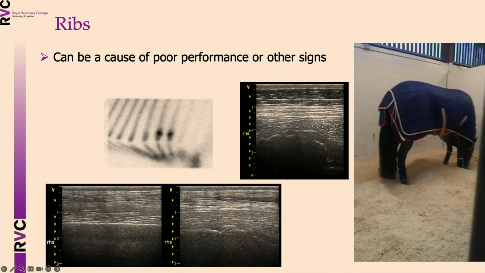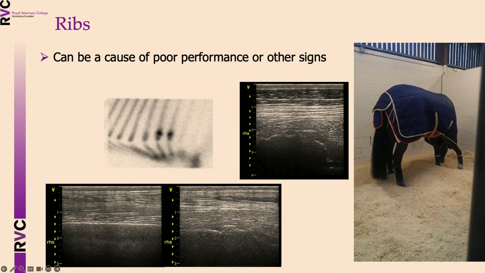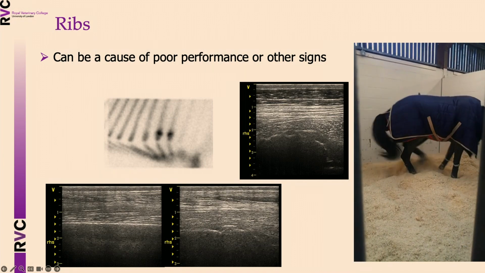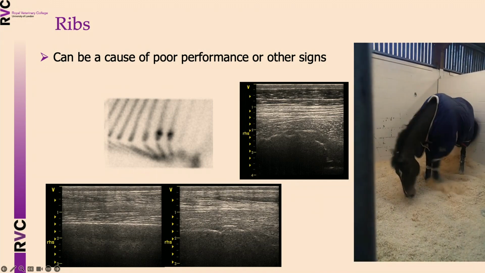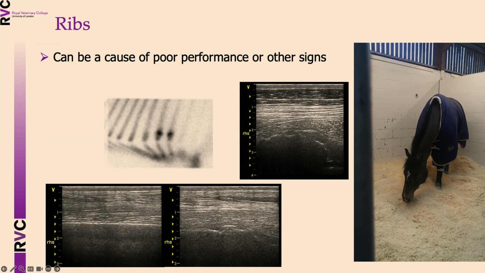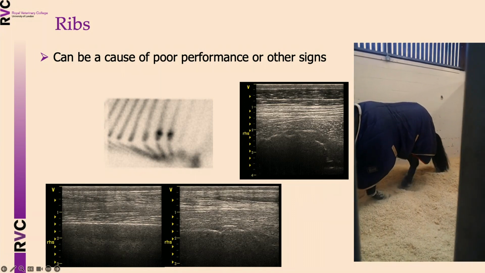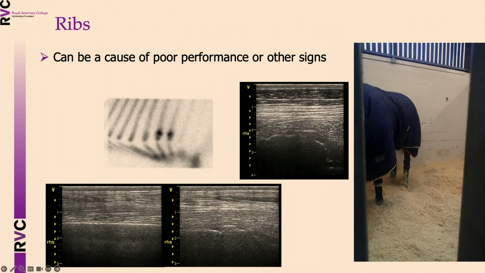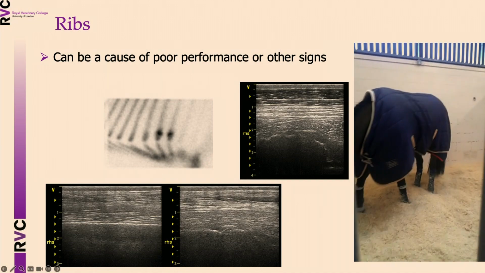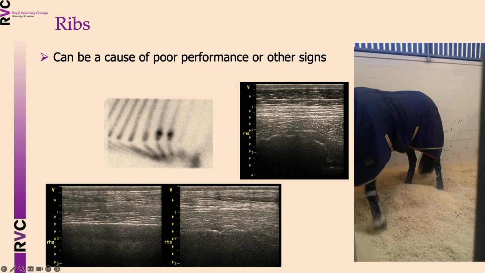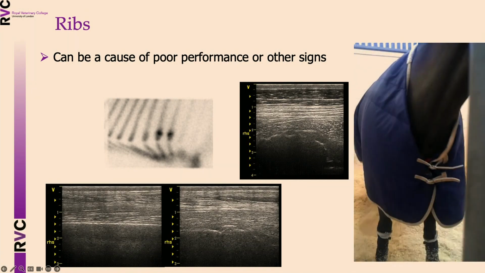And finally, a somewhat unusual cause of poor performance, which is that of rib fractures. Very hard to identify in any other way than scintigraphy. The main sign in this horse was an inability to lie down. And having suffered a rib fracture myself, I know exactly how he feels.